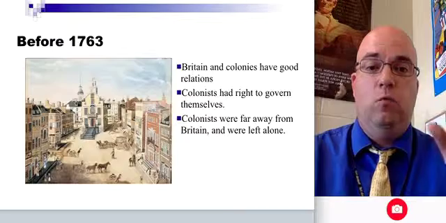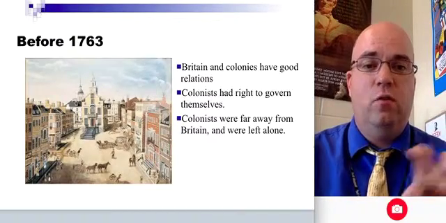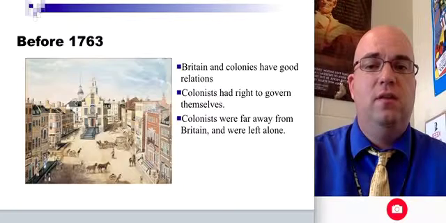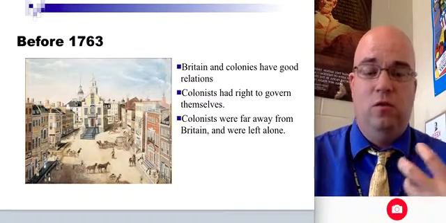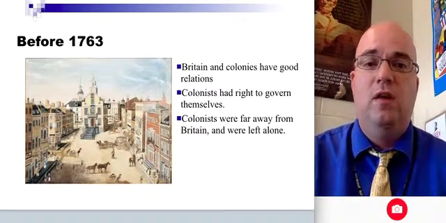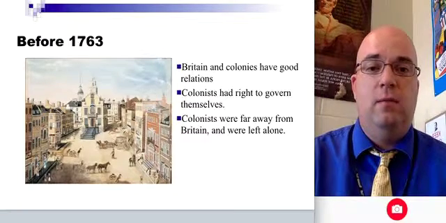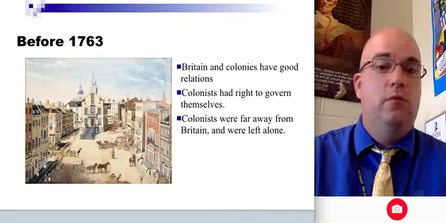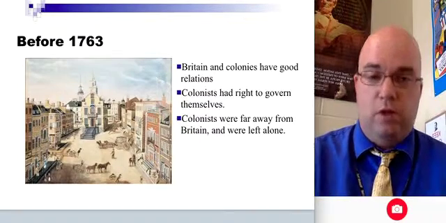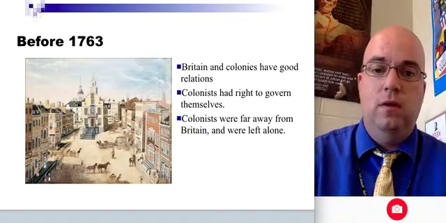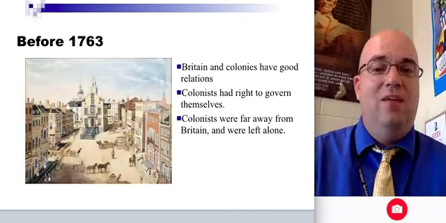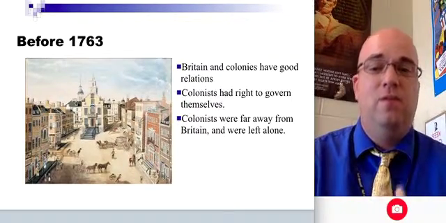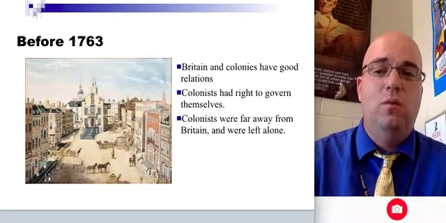A royal appointed governor oversaw a lot of the day-to-day government operations of the colonies, but the colonists also had a tremendous amount of voice in the laws they had to live under. The colonists lived thousands of miles away from London, across the Atlantic Ocean, and from the colonist perspective, they felt they were left alone.